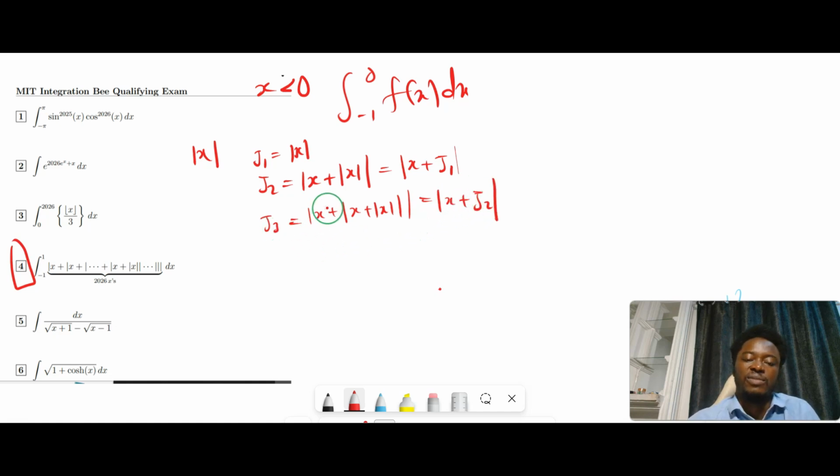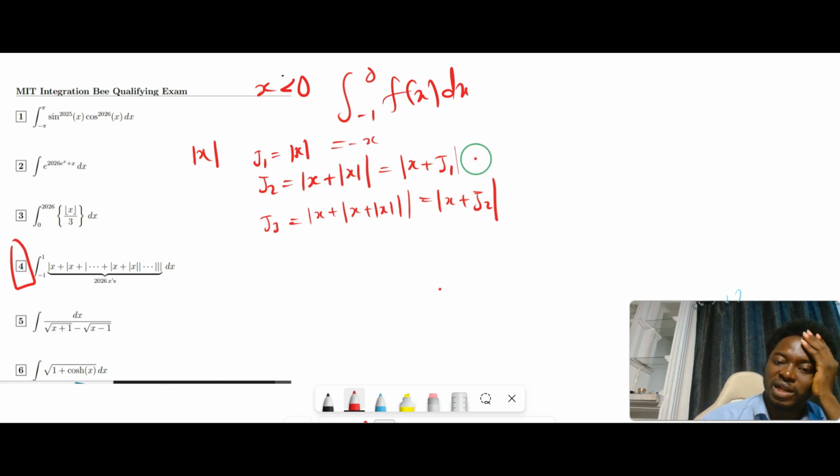Keep that in mind. Now if x is less than 0, then j1 here will be negative x. j2 on the other hand will be x minus x, which is 0.